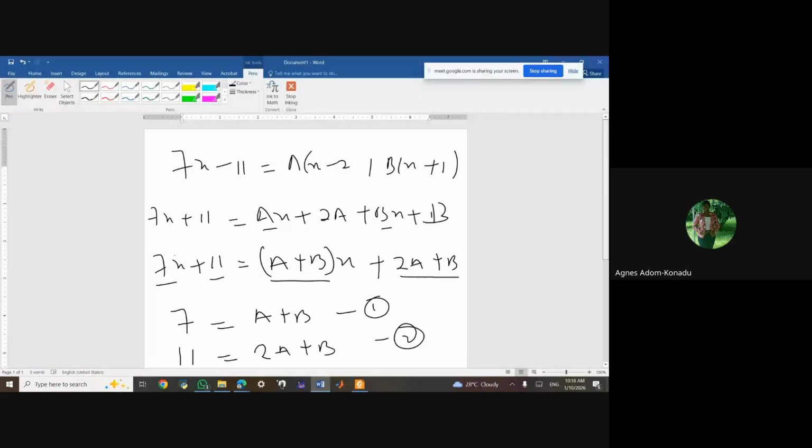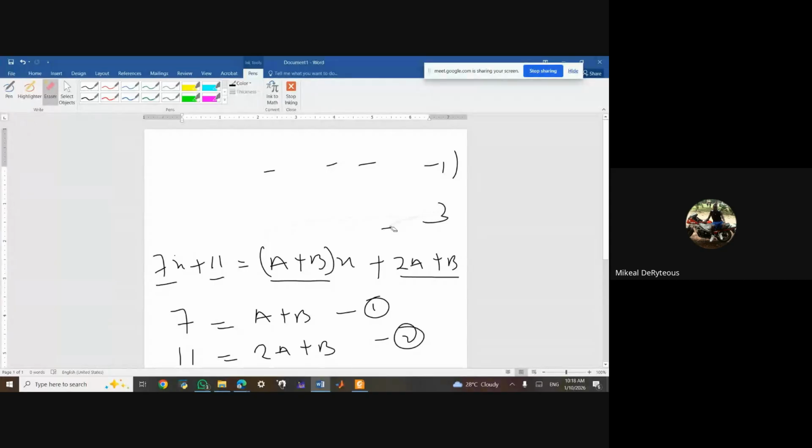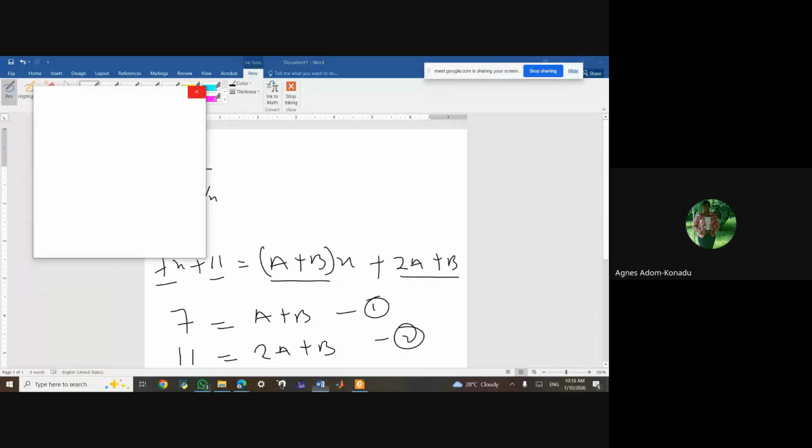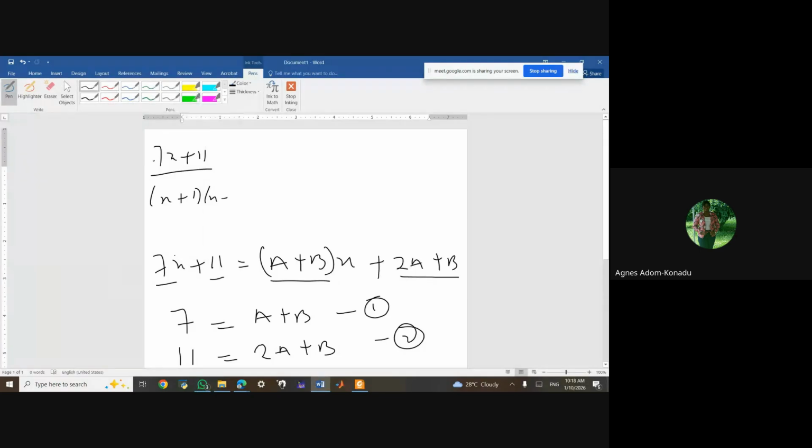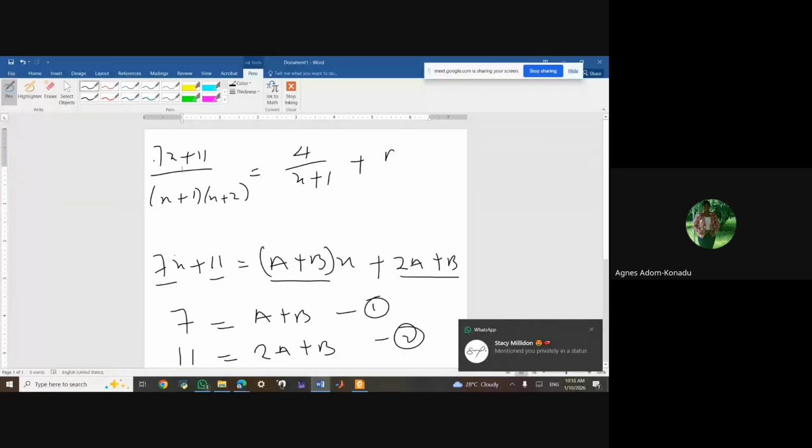So I go back and do the substitution. The function was 7x plus 11 over x plus 1 times x plus 2, is equal to 4 over x plus 1, and then 3 over x plus 2.